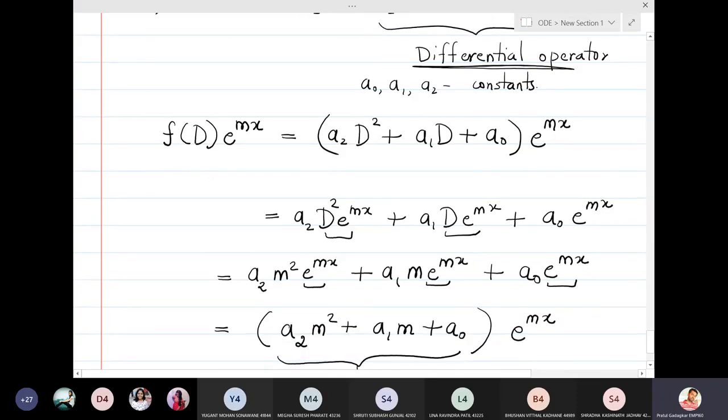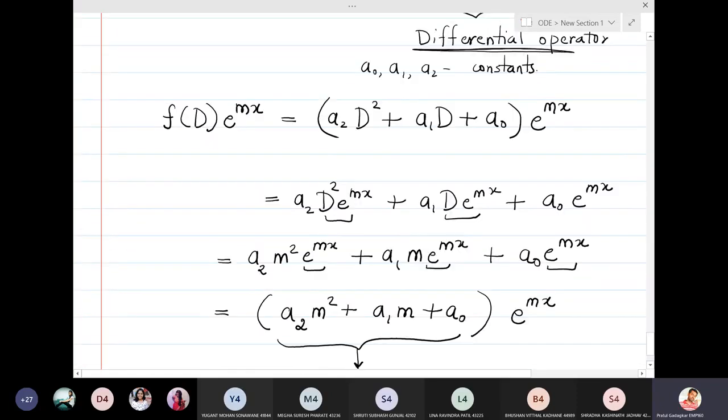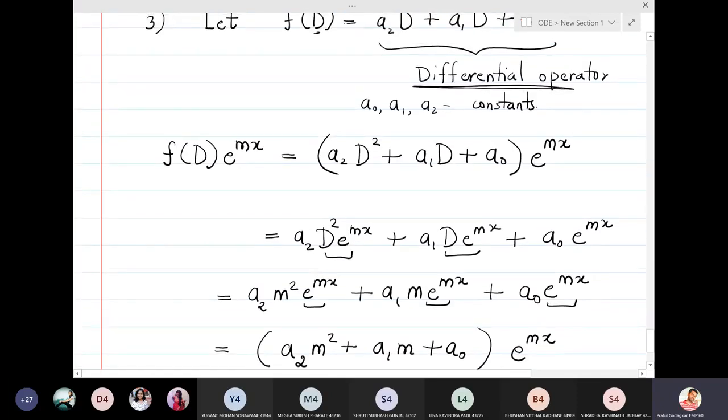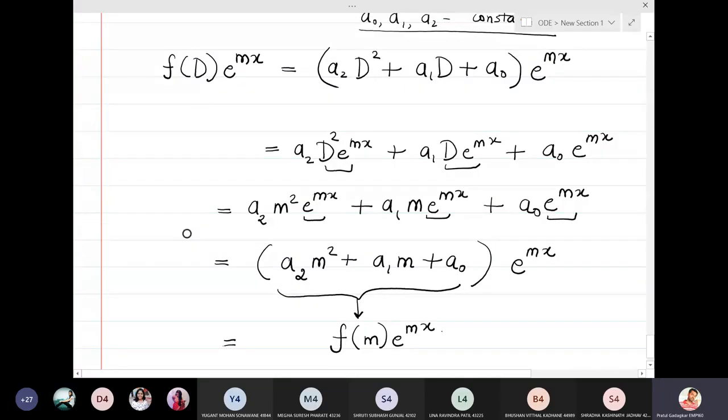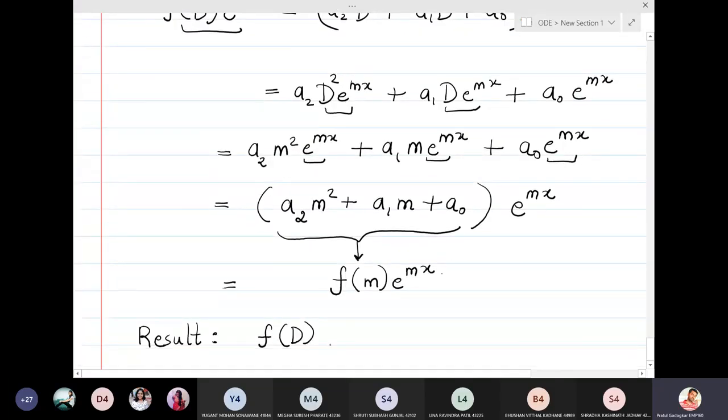If you have a differential operator with constant coefficients, then f of D e raised to mx is equal to f of m e raised to mx.